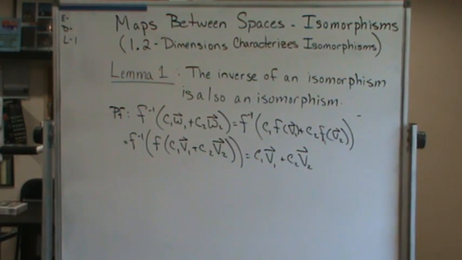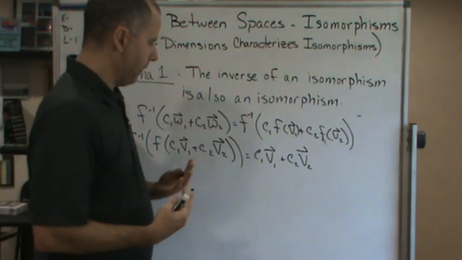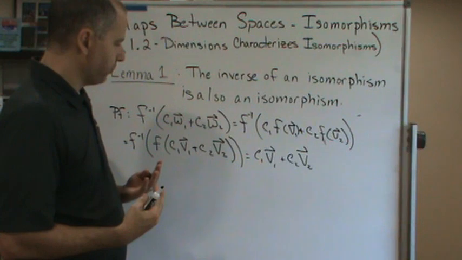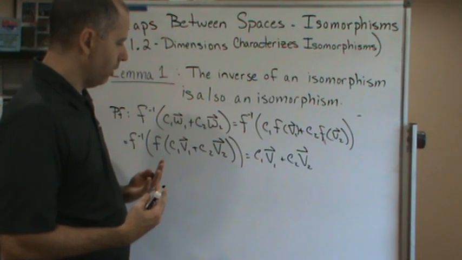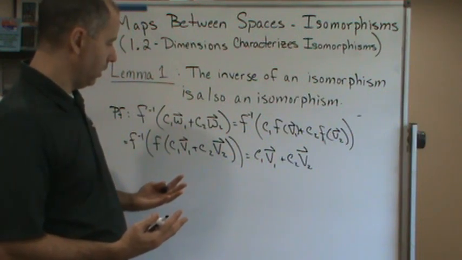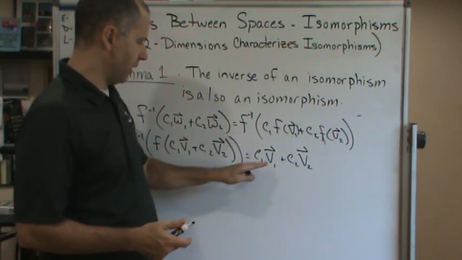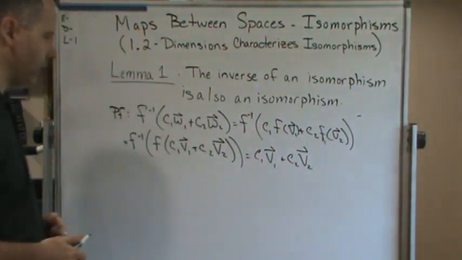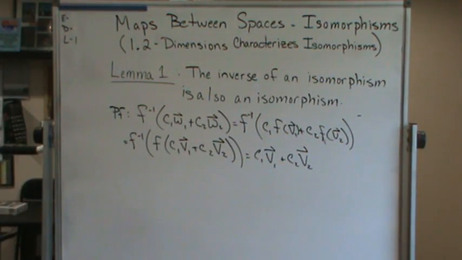And now here's where we include the inverse function, where we know that the inverse function exists. We're going to substitute V1 and V2. How do we do that?